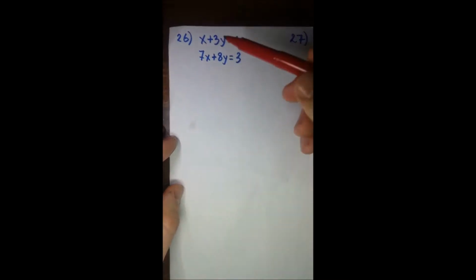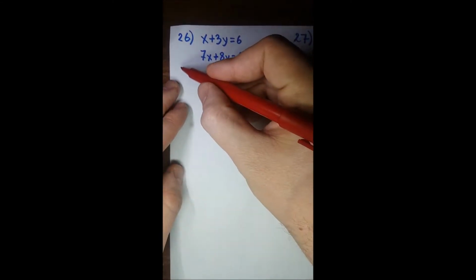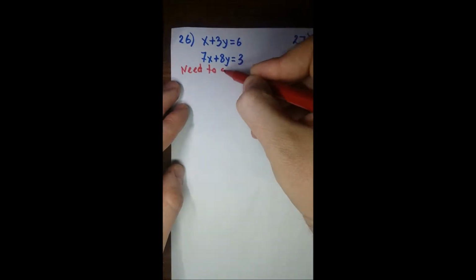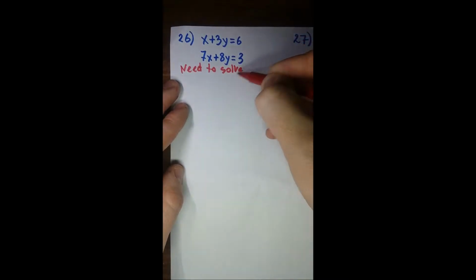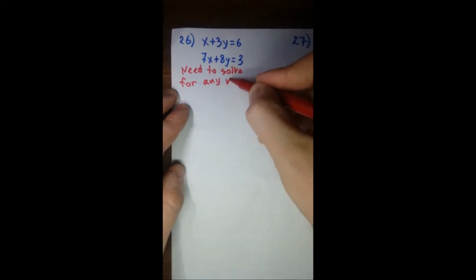Now, question 26. You can see things are getting progressively more interesting. In this case, we are not given anything like x equals something, y equals something. Not good. So we need to solve for any variable.